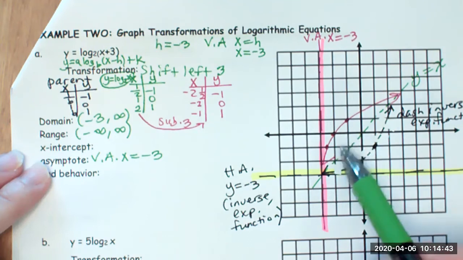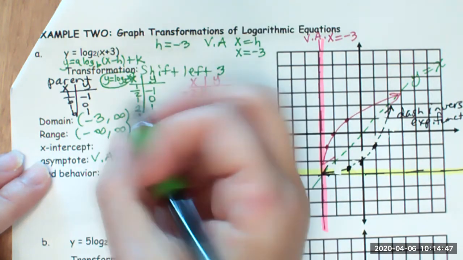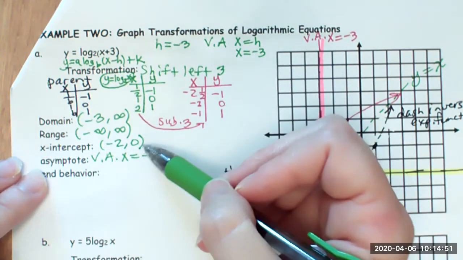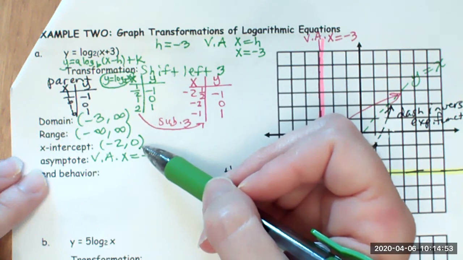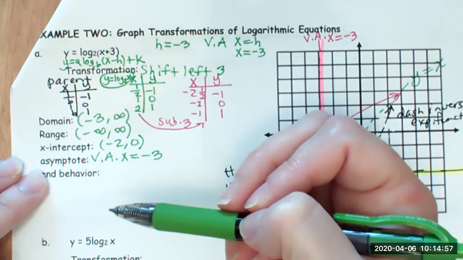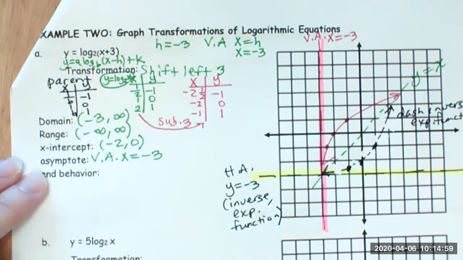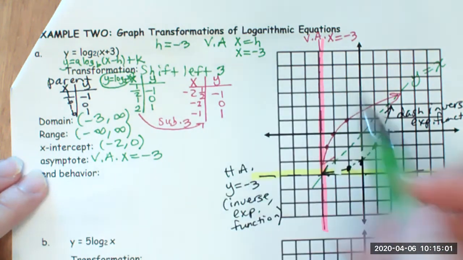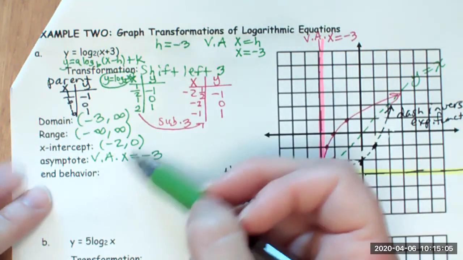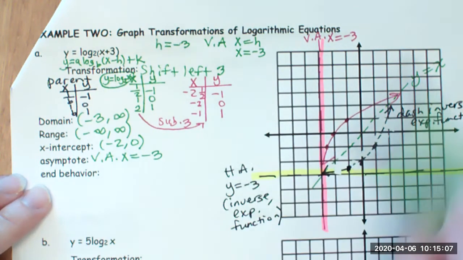And you can also see from your graph that the x-intercept is going to be at -2, 0. In a moment, however, we're also going to verify that algebraically, because I'd like you to be able to take a logarithmic equation and find the x-intercept from it without even having to make the table or graph it. And we're going to see how to do that momentarily. So we'll verify it algebraically.